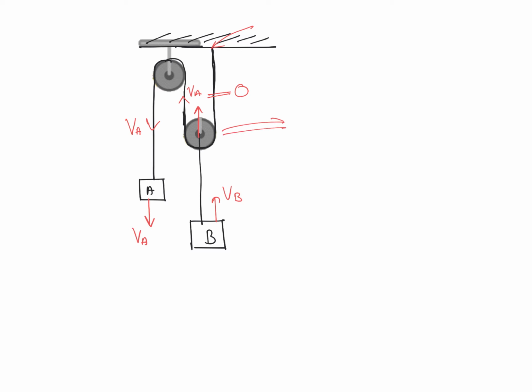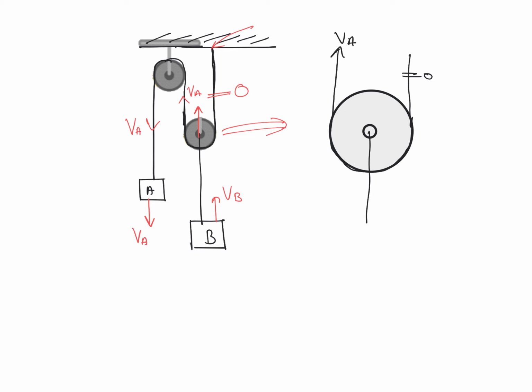So we can identify the constraint relation for this pulley. Here you can observe that the string on the right side is at rest, which is having 0 velocity. And if you consider the string on the left side, it is moving in the upward direction with the velocity VA, and this pulley is moving in the upward direction with the velocity, take it as VB.